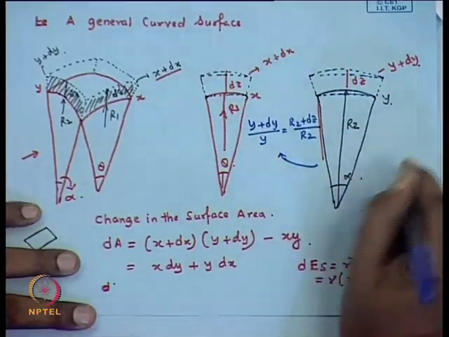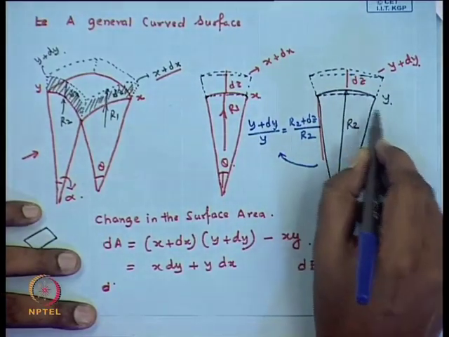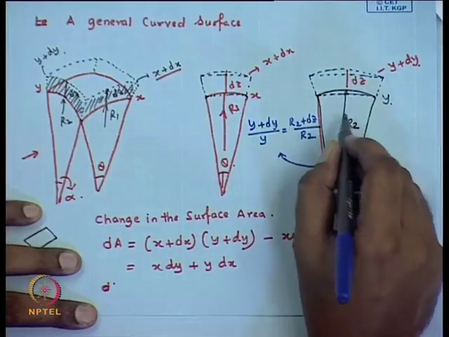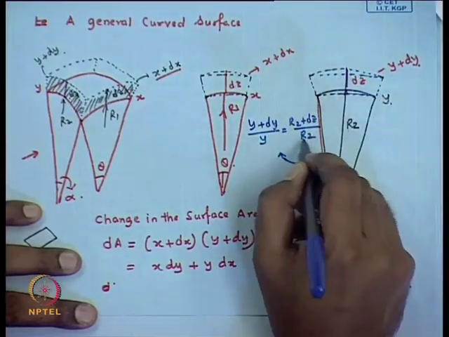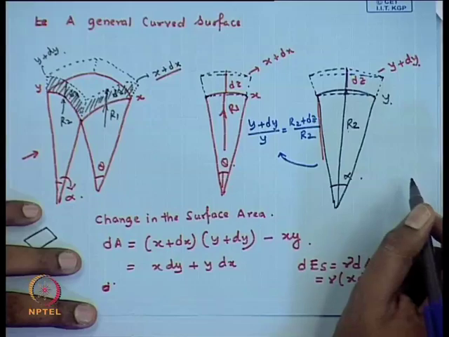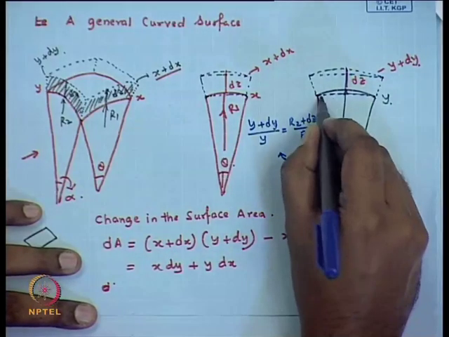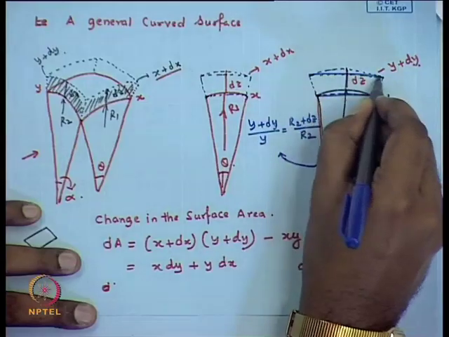Clear? It is something very, very simple. y plus dy divided by y is r2 plus dz divided by r2. I guess you all understand how it comes. It comes from the concept of similar triangles. You just assume that these are essentially straight lines.